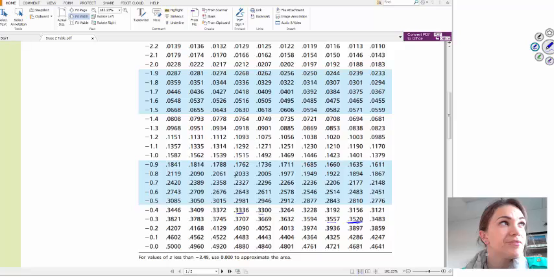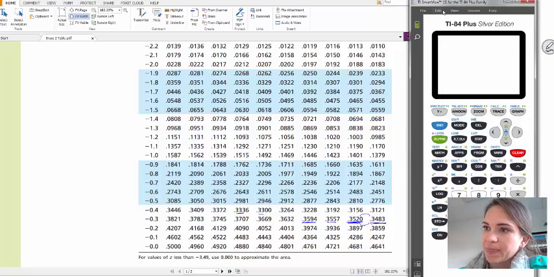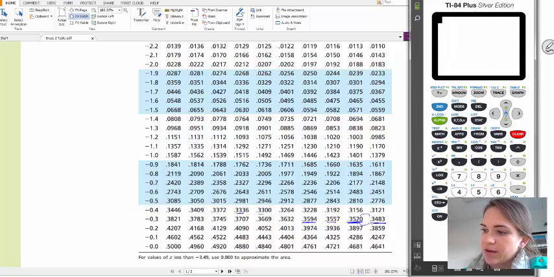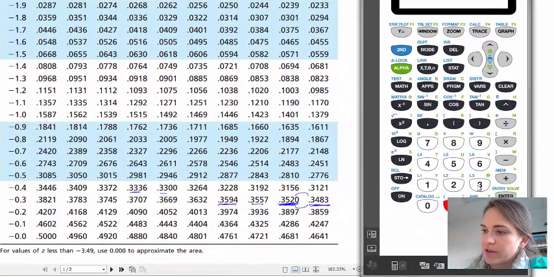Let me make sure. 0.3483 might be closer. 0.3594 definitely not. So really we're between these two. Which one's closer? If you don't have a good feel for this, we'll look at the difference between the number we want, 0.35, and the number we can read from the table, 0.3520, and see which one has a closer value, or 0.35 minus 0.3483.